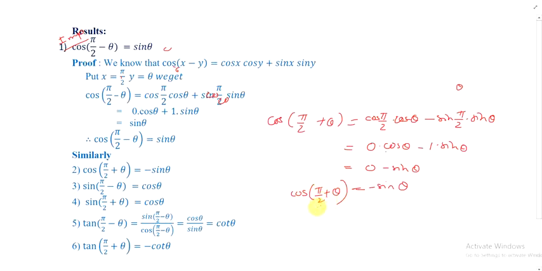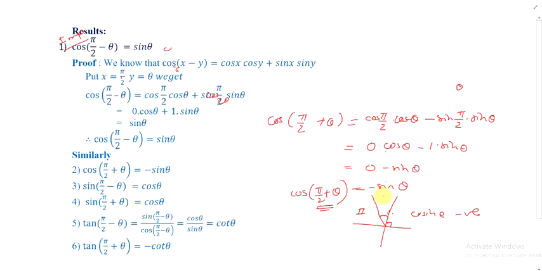Now you can see pi/2 plus theta. Pi/2 means 90 degrees. The 90 degrees gets completed, and again we add theta. What is the measure of theta? We don't know, but it exceeds the range of 90 degrees, that is, it lies in the second quadrant, and in the second quadrant the cosine ratio is negative.